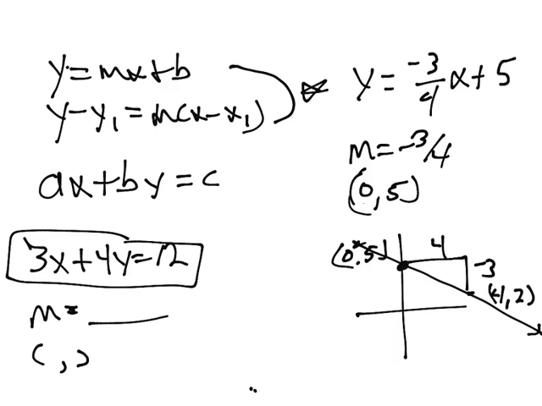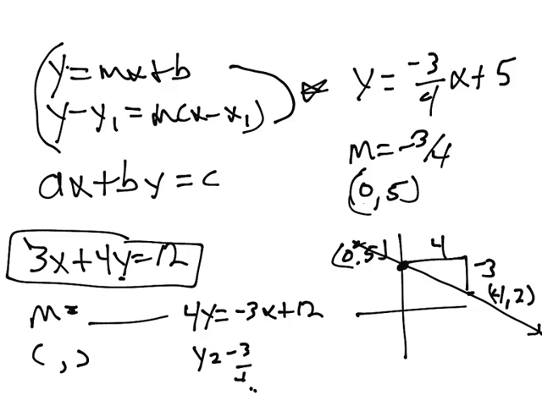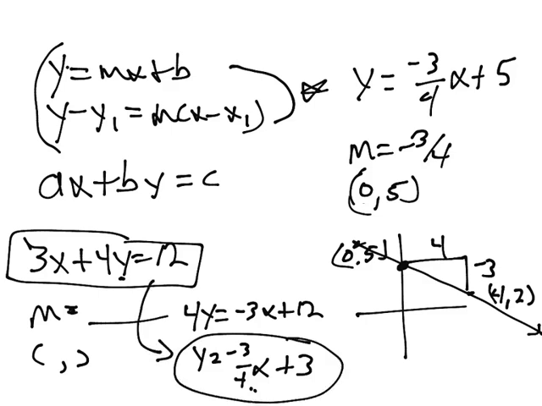Now, if I wanted to get it into a useful form, like one of these up here, I would just solve for y: 4y equals -3x plus 12, and then divide both sides by 4, and I get y equals -3/4 x plus 3. Now I've taken this and converted it into a useful form.